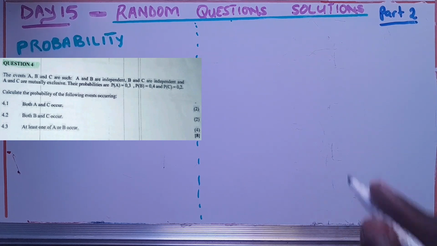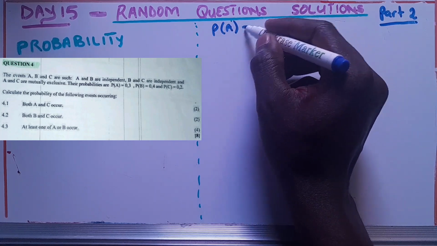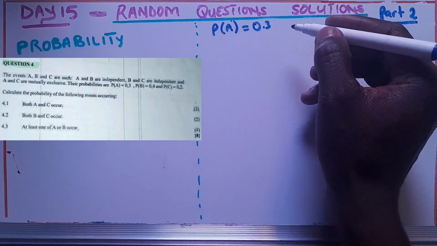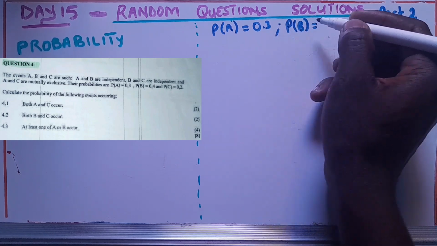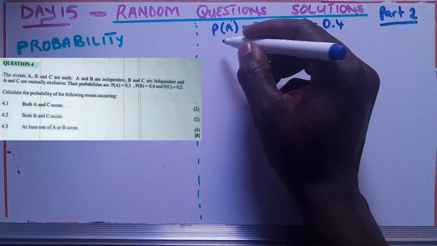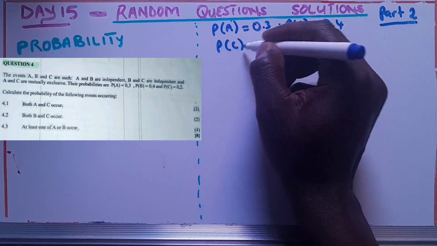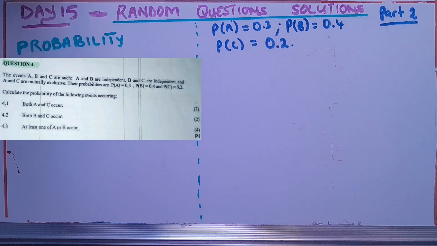We are given that the probability of A is 0.3, the probability of B is 0.4, and lastly the probability of C is 0.2.